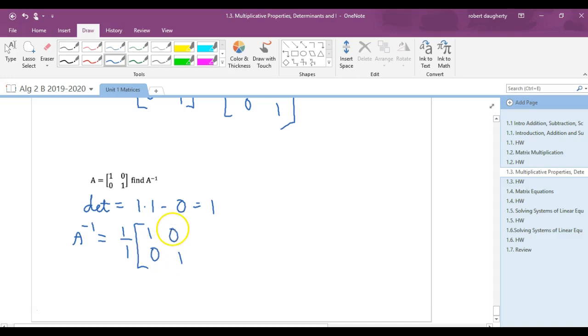I put negatives there. What is this? This one you expected. What matrix is this? This is the identity matrix, okay? This is saying when you multiply the identity matrix, its inverse is the identity matrix. So that means, it's like saying 1 times 1 equals 1, okay? So in this case, the inverse of the identity is the identity, because when you multiply the identity times the identity, you get that identity back, okay?